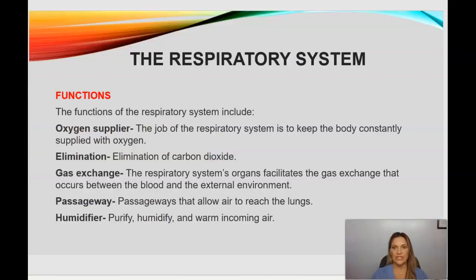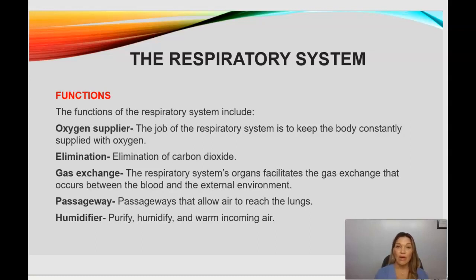So the respiratory system, we all know that it helps us breathe and is very important for oxygen. But the main functions of the respiratory system include, of course, the oxygen supplier, as we just mentioned. The job of the respiratory system is to keep the body constantly supplied with oxygen.